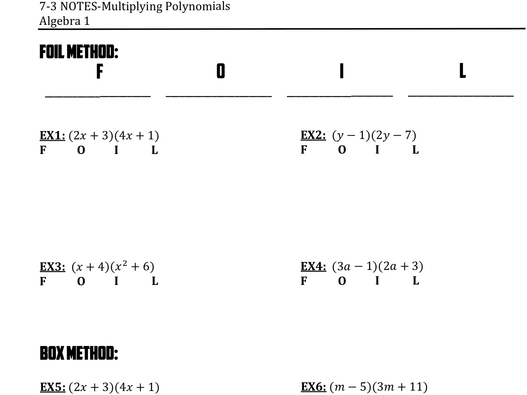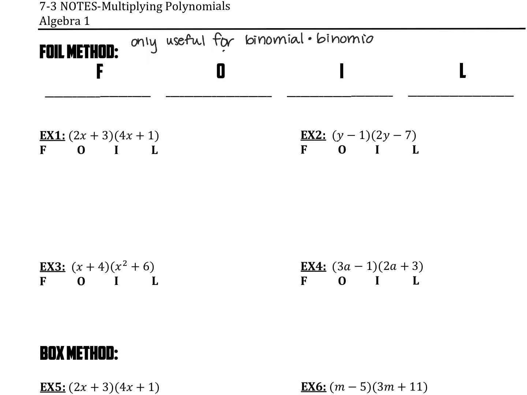All right, the FOIL method. If I were to talk about the FOIL method, I would say that this method really is only useful for a binomial multiplied by another binomial.